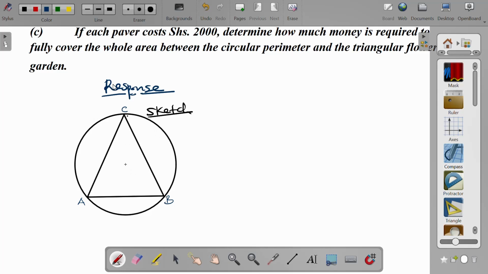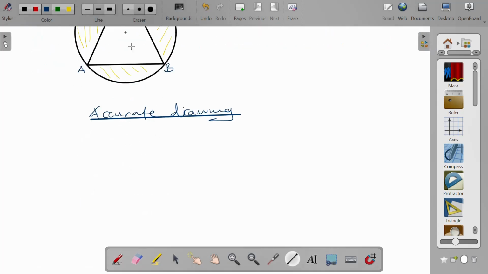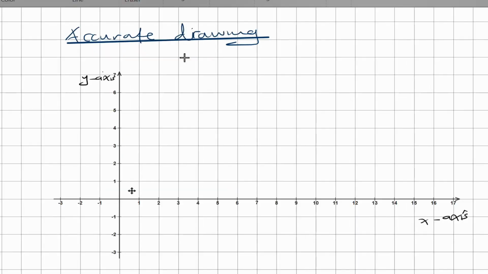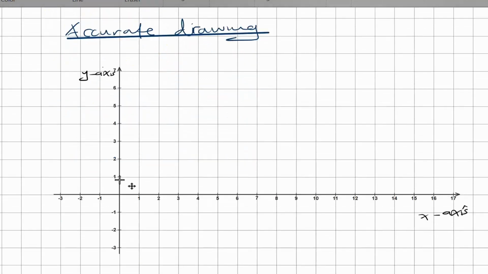So having come up with a sketch, we can now have the Cartesian plane or the graph paper. This is the y-axis, whereas this is the x-axis. So we have our values put. Now we are going to plot point A at (1, 1). So this is point A there.